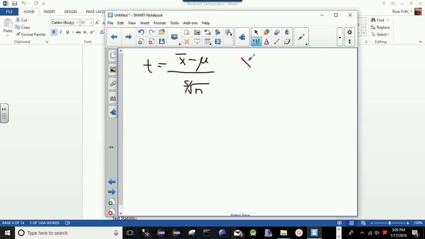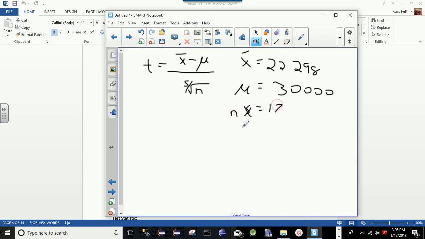For this problem, the sample mean was 22,298, and the mean salary for the population was 30,000. The sample size was 17, and the sample standard deviation was 14.2.